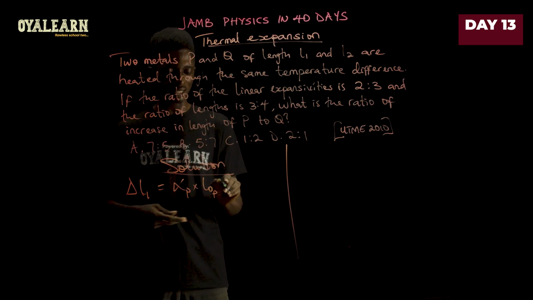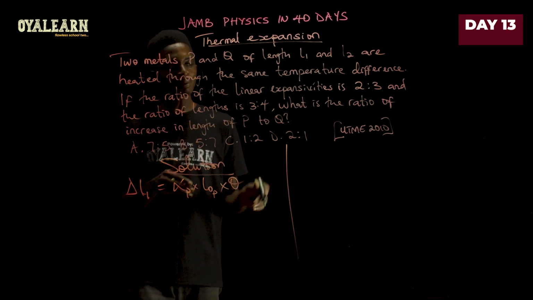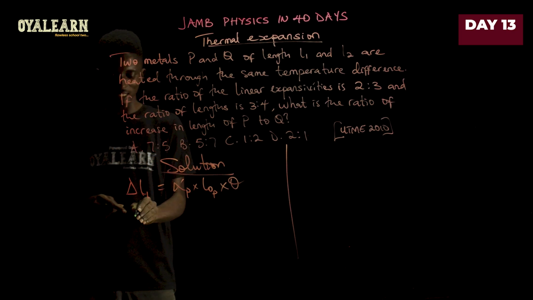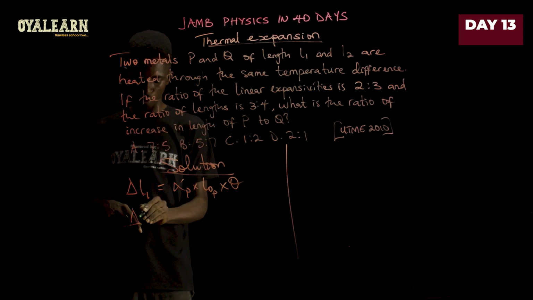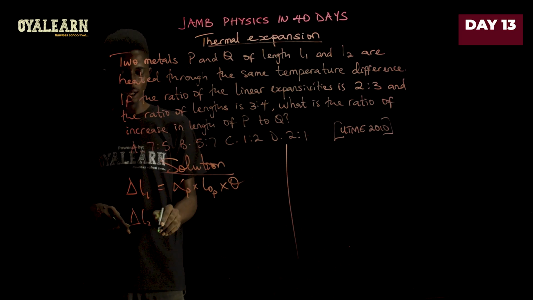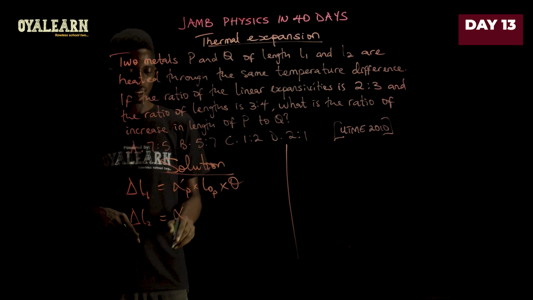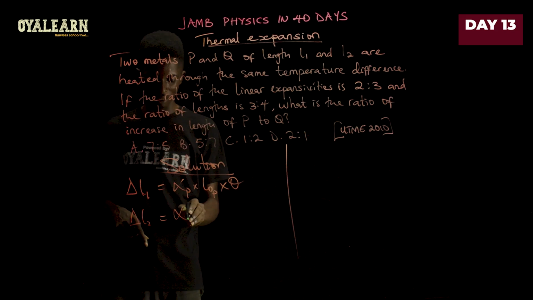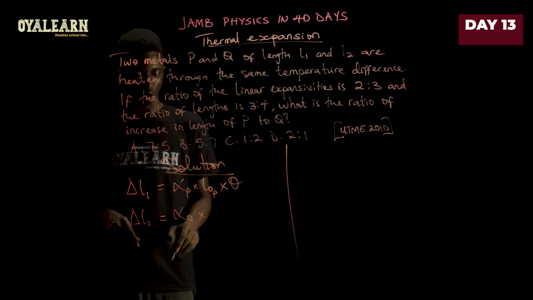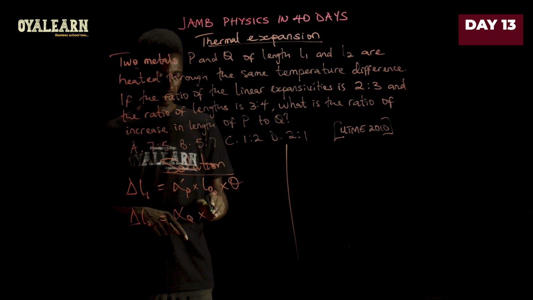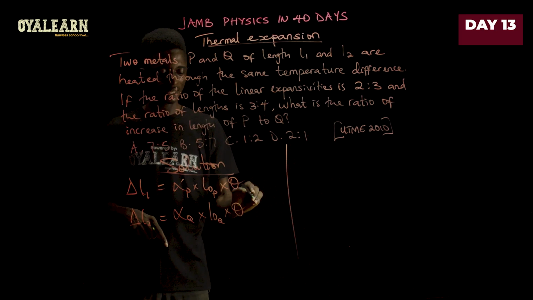Since the temperature difference is the same, we are just going to use theta in this case. The same thing applies to the change in length for Q. Since Q is L2, the change in length for L2 is going to be the linear expansivity for Q multiplied by the original length for Q multiplied by theta.